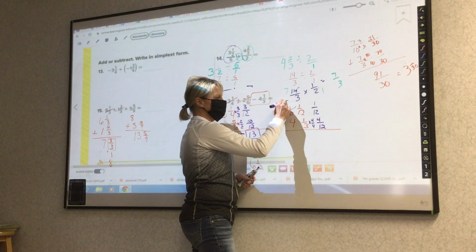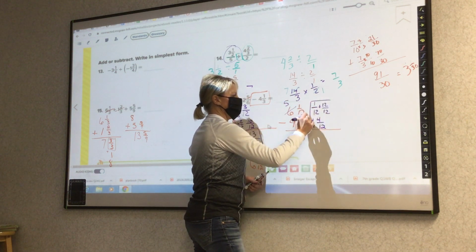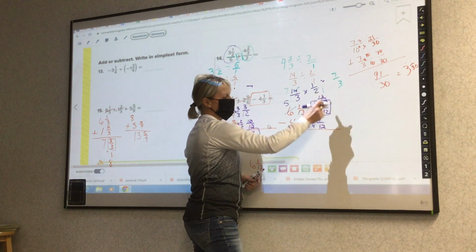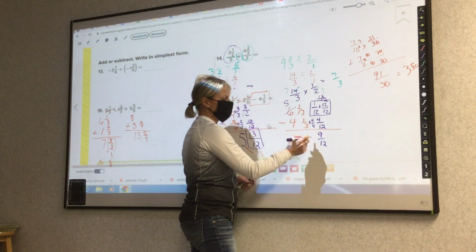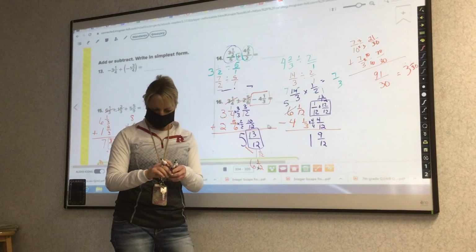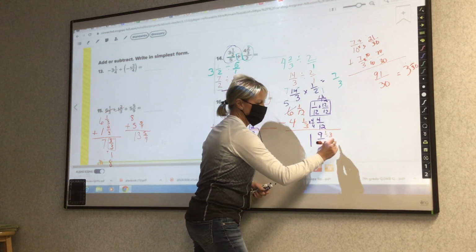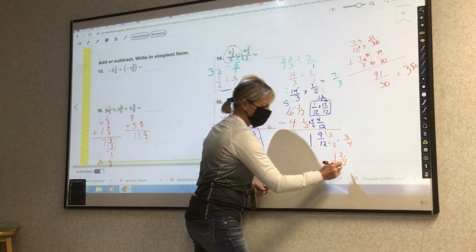No. So 6 becomes a 5. Add 12 twelfths to get 1 and 13 twelfths. The 13 minus 4 is 9 twelfths. 5 minus 4 is 1. Don't leave it. Reduce by 3. 3/4. So I have 1 and 3/4.